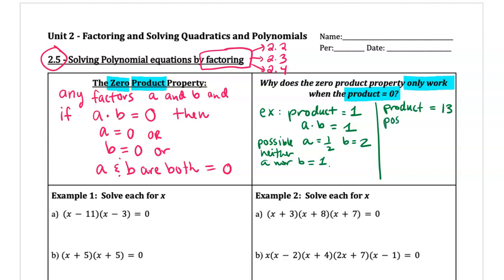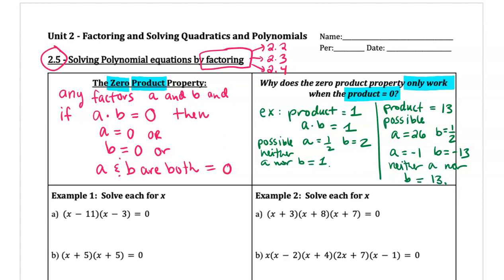But if I'm allowed to work with fractions or negative numbers, it's possible that A could be 26 and B could be 1/2, because if you multiply those, you get 13. It's also possible that A could be -1 and B could be -13. There's all kinds of possibilities where neither A nor B has to be positive 13. Only 0.